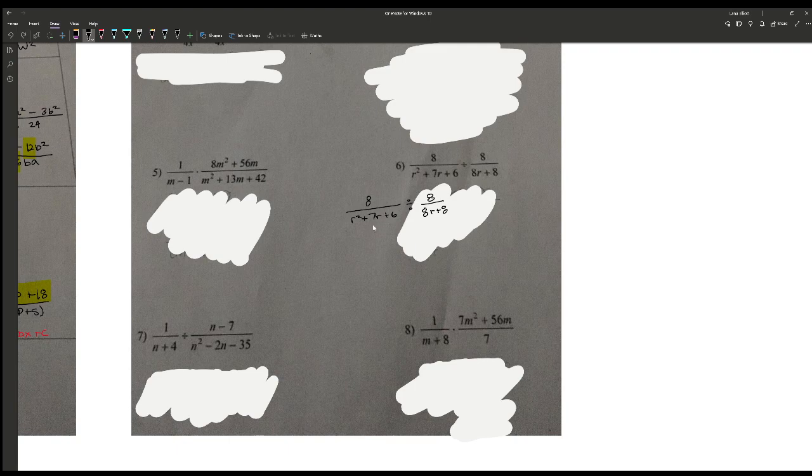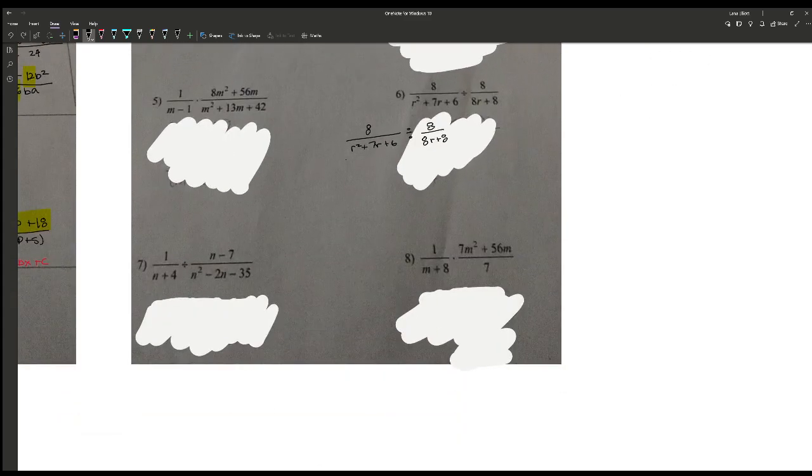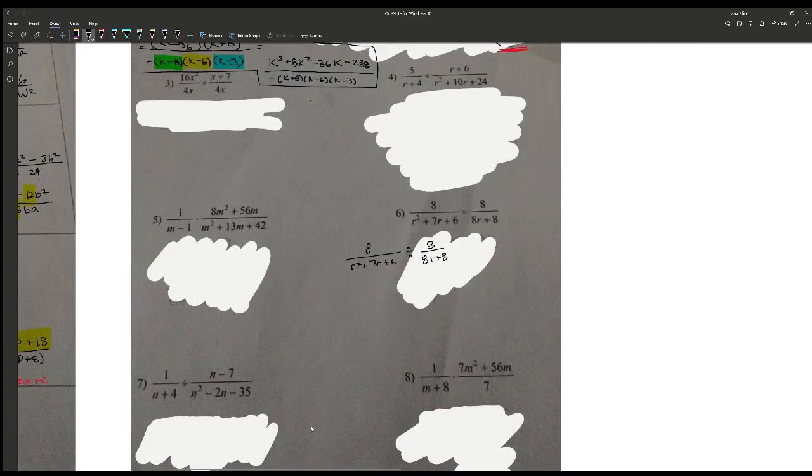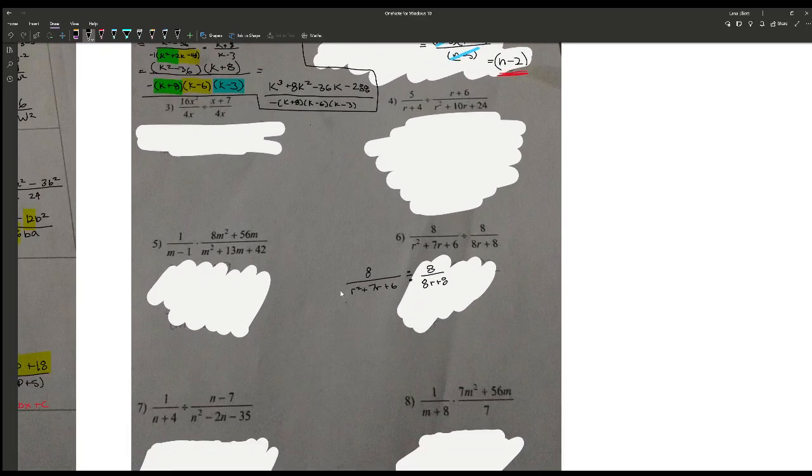So, when we have r squared plus 7r plus 6, this is very similar to what we saw in a previous question, where our factors were 3 and 1. 3 times 1 gave us 3, and 3 plus 1 gave us 4, and that was x squared plus 4x plus 3.